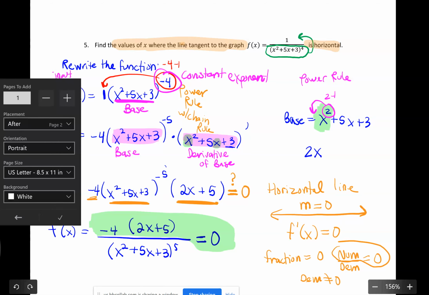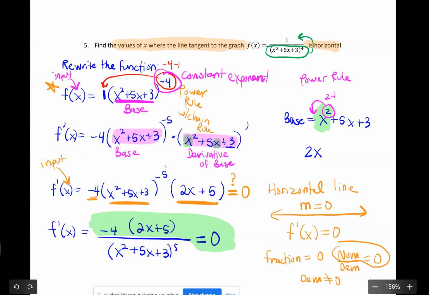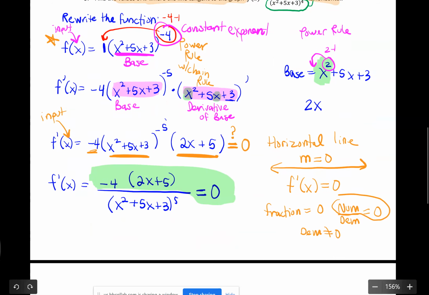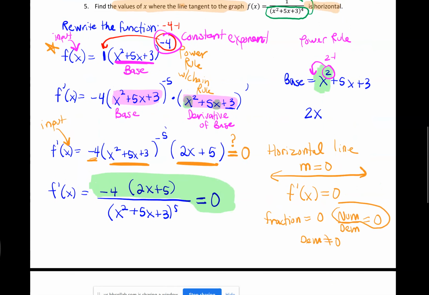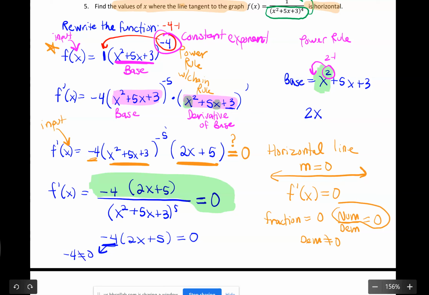I'm going to add a page so I can scroll it up a little bit. Okay, here we go. So now all we have to do is set the numerator equal to 0 and use our zero product principle. So either 4 is going to equal 0, but we know that can never happen, so that's out.